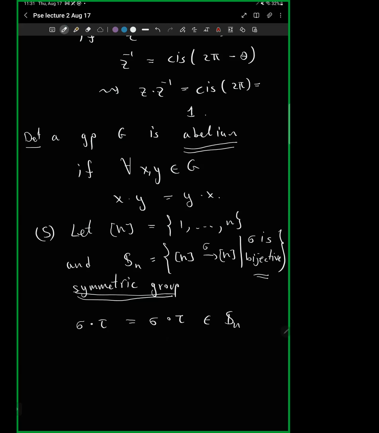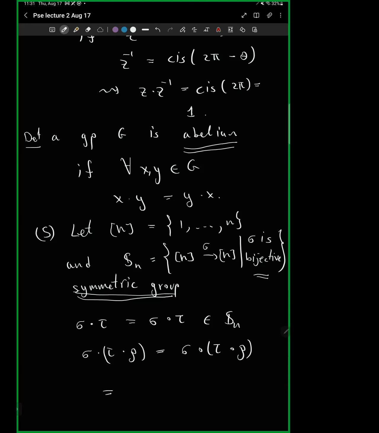And associativity: if you have sigma, tau, and rho, and you do it like this, by definition, it's sigma composed tau composed rho.